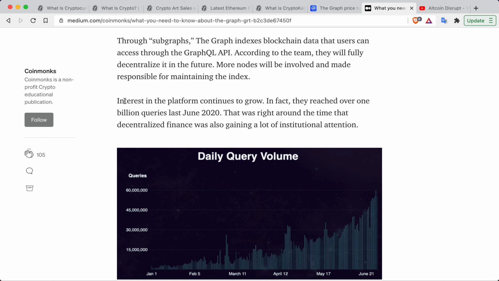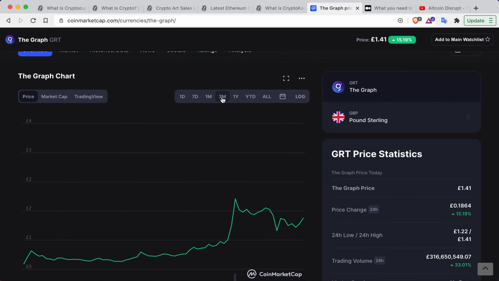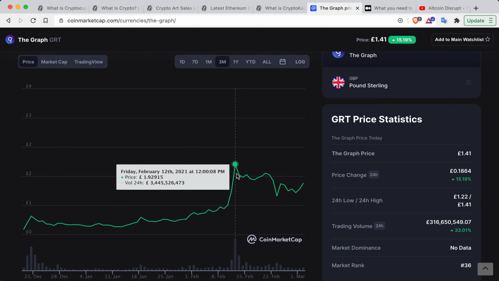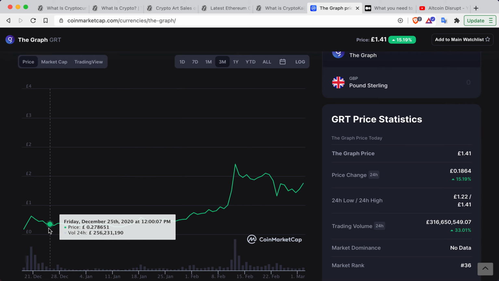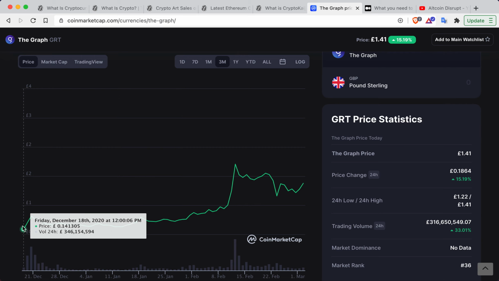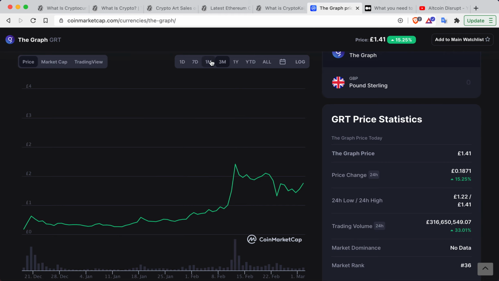Interest in the platform continues to grow, and let me confirm this, guys. Interest in the platform indeed has continued to grow, because just in the last few months alone, this coin has had some amazing achievements. From an extreme low three months ago, December the 18th, 2020, of 14 pence, this coin went up to an all-time high, or at least an all-time high in the last 3 months.